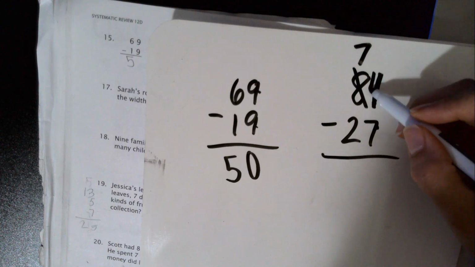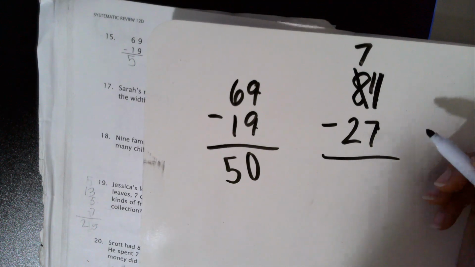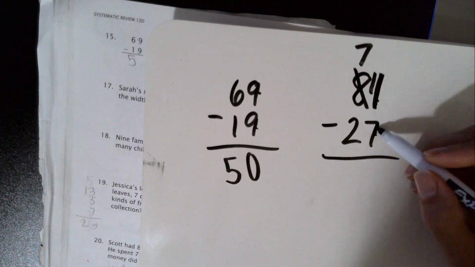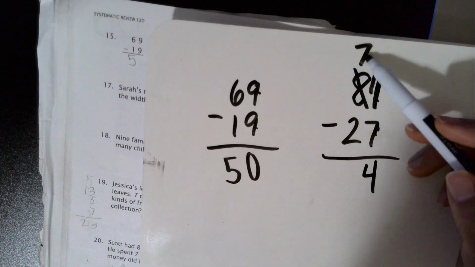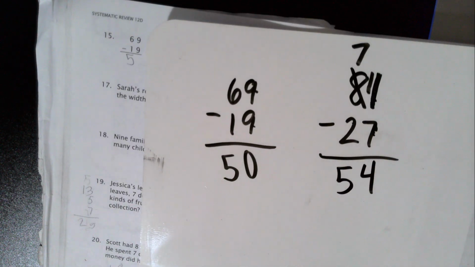And then you put the 1 in front of your number, and now you have 11. Okay, now do you have enough to give your friend at the bottom? Yes. Okay, so what is 11 minus 7? We know that 10 minus 7 is 3 because we know our 10 facts. So with one more, it's just 4. Okay, and then 7 minus 2 is 5. So then that's how we do that.